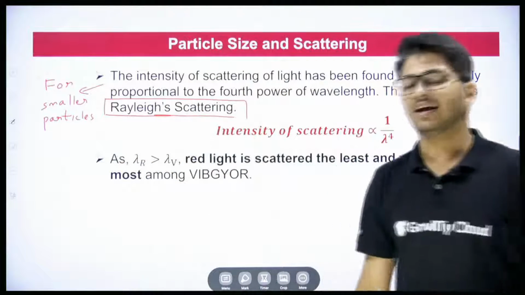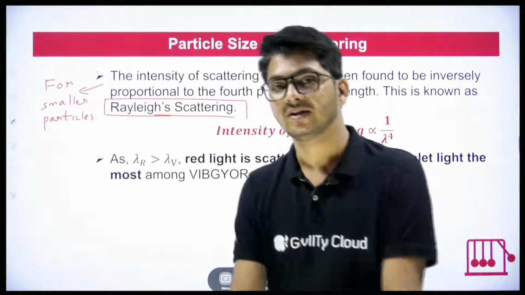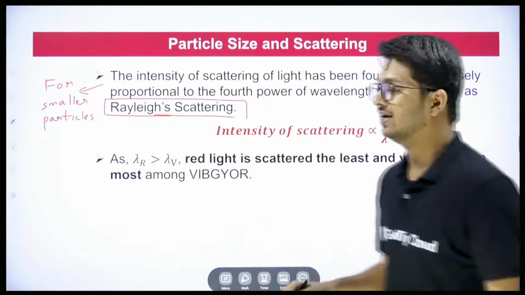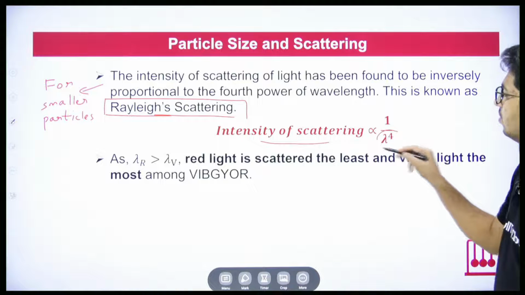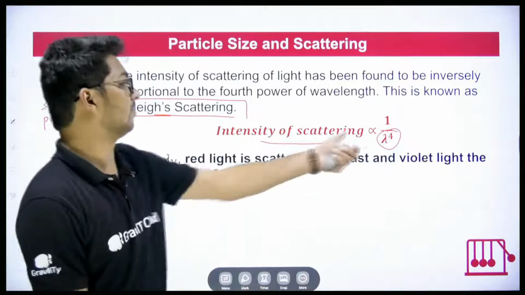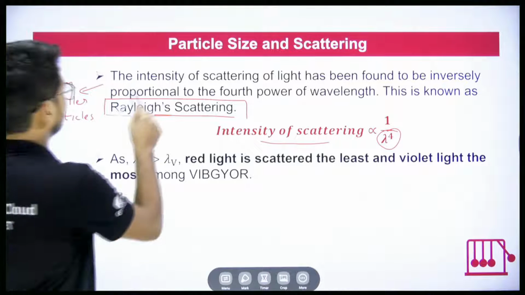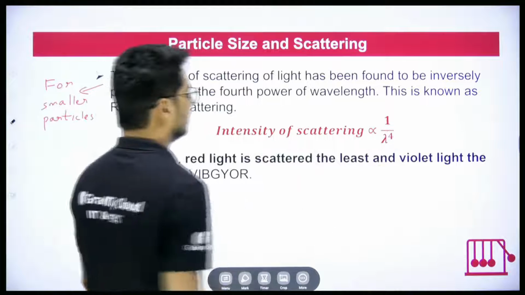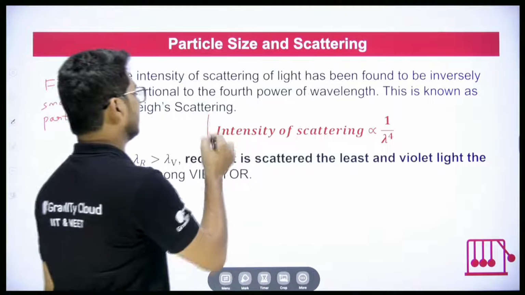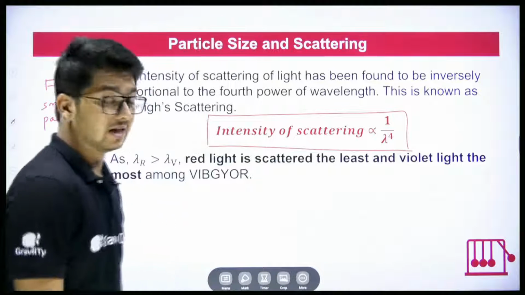For scattering from smaller particles, the intensity of light scattered will be inversely proportional to the 4th power of wavelength. Rayleigh got it from experiments. So intensity of scattering will be inversely proportional to this. You have to remember that.